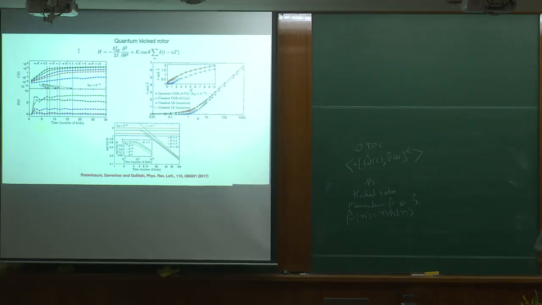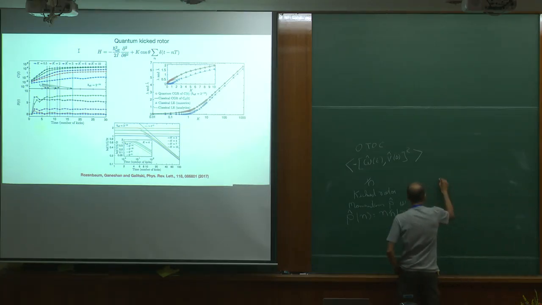And so therefore the time scale over which this initial wave packet with width of order h bar spreads to having a width of order 1, because of the classical chaotic dynamics which has a Lyapunov exponent, is the Ehrenfest time scale.